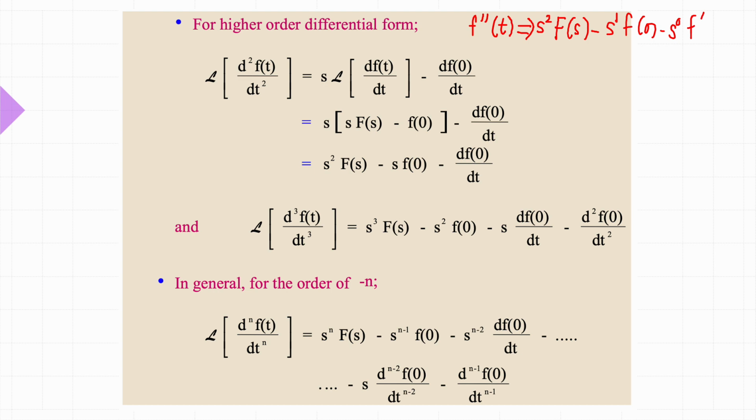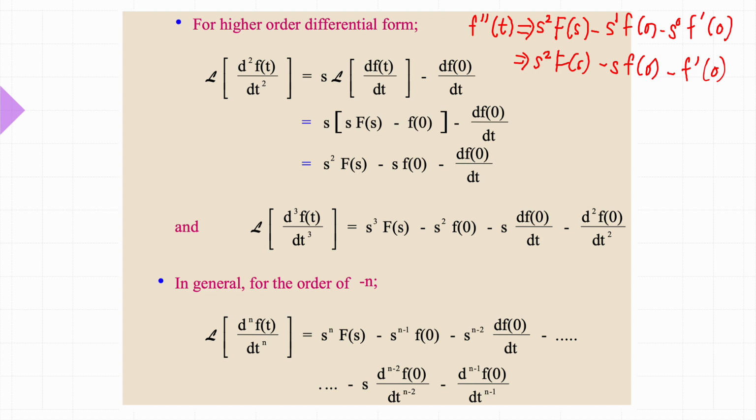Here s to the 0 equals 1, so it can be written as s squared F(s) minus s f(0) minus f prime(0). So this is for the second order.